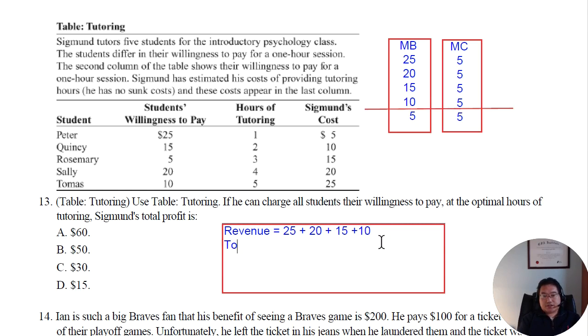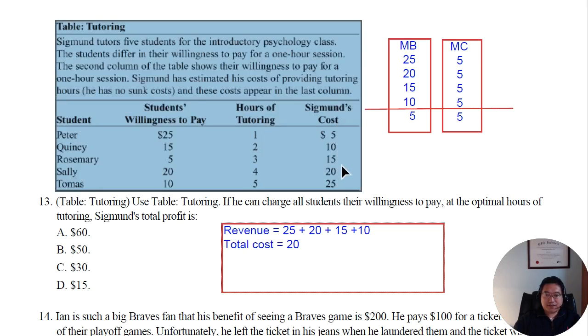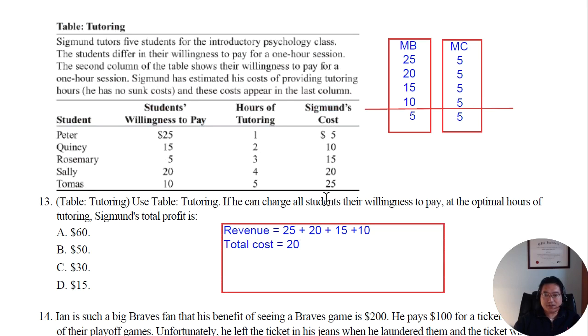And the cost is actually, we don't have to add 4 $5 together. We have a number here, right? For 4 hours, the cost for Sigmund is $20, right? And you can calculate the difference between the revenue and the total cost. His cost is kind of implicit cost if he doesn't have any other thing better to do, right?